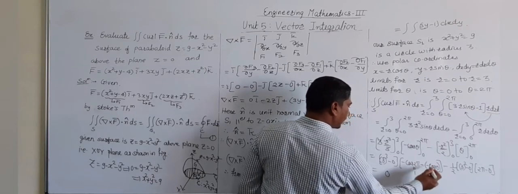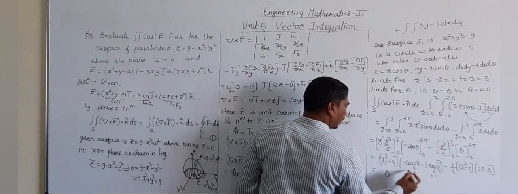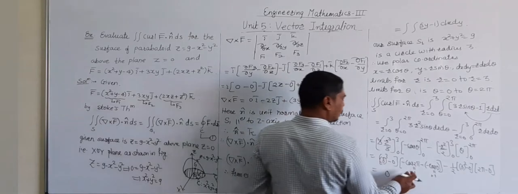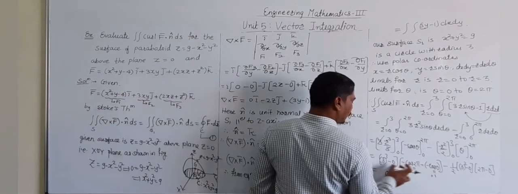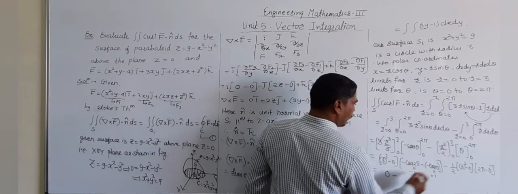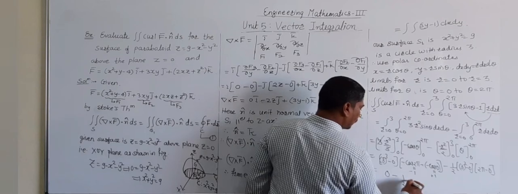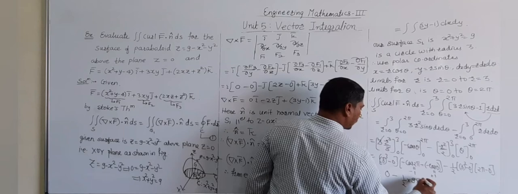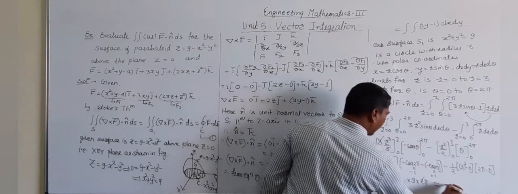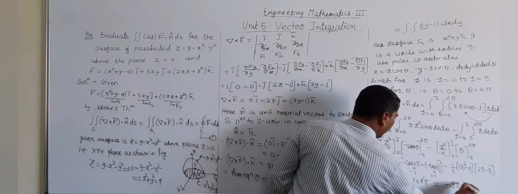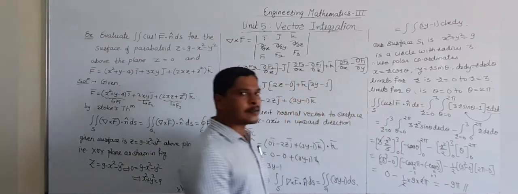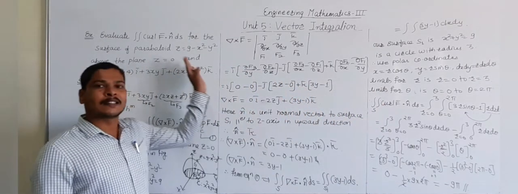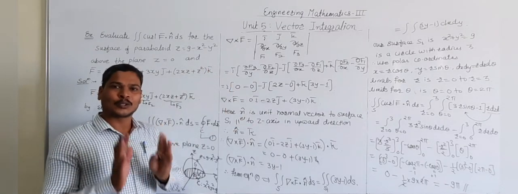So this minus minus becomes plus 1 and this minus 1 becomes 0. Okay. So this term becomes 0, 0 into anything becomes 0. Minus 1 upon 2 into square of 3 is 9 into this 2 pi. So this 2 will get cancelled and finally we get minus 9 pi. So this is our final answer. So in that way we can very easily evaluate the given surface integral using Stokes theorem.